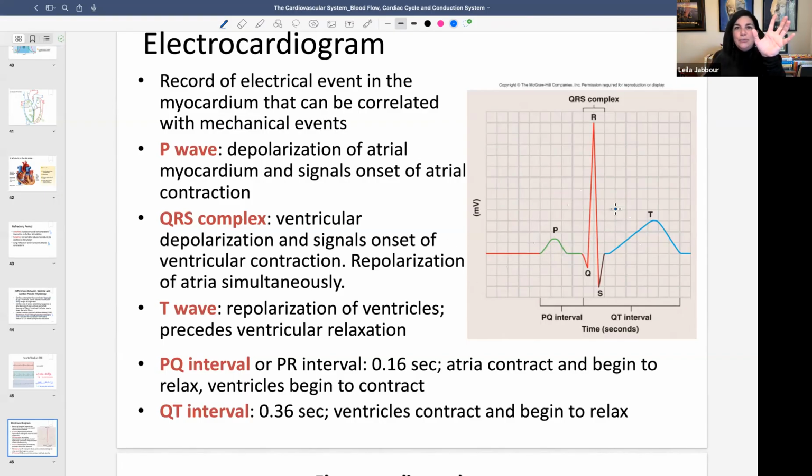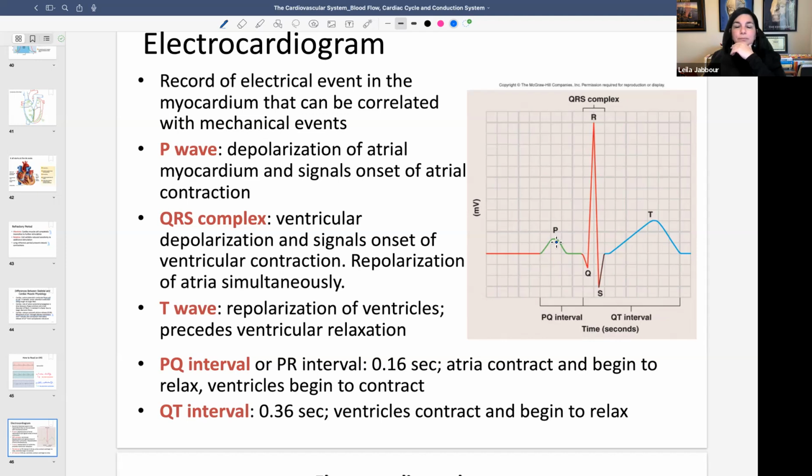This is the action potential of all the cells combined and viewed via these different leads. So that's the tricky part, is that each lead is recording something, and when you see the EKG like that, it's basically a combination of action potentials.